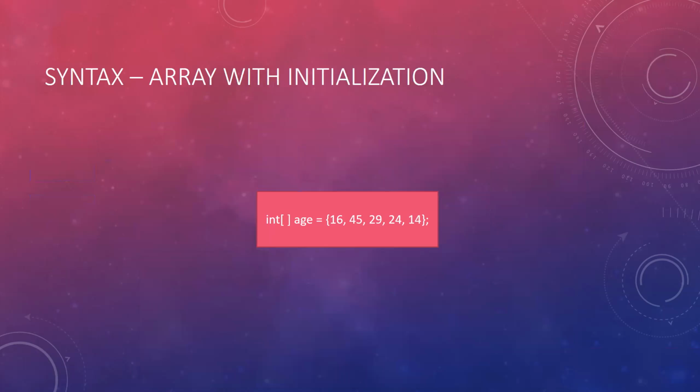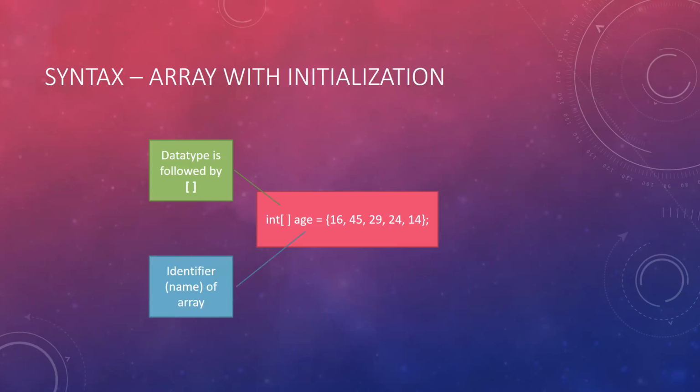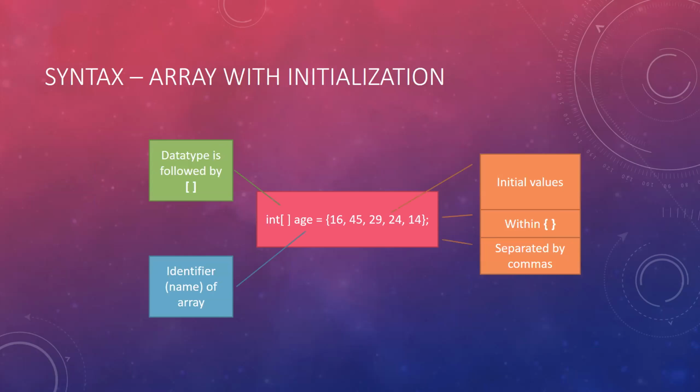So this is an array with initialization included. Our data type of integer is followed by our square brackets. Then we have the name or identifier that we want to assign to our array. Then we have our initial values. Our initial values are within curly braces, separated by commas, and they are used to determine the size of the array.